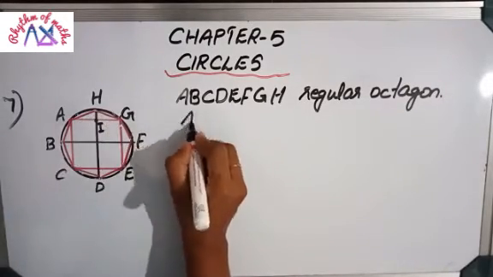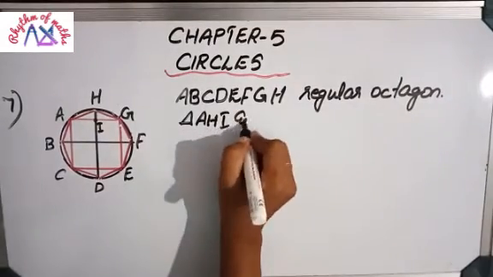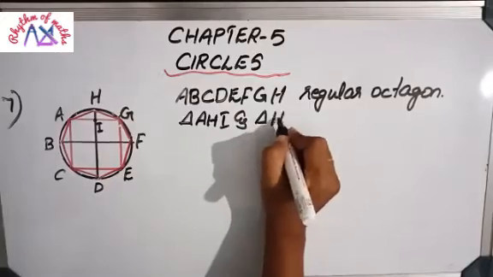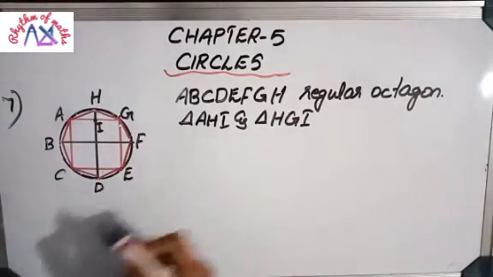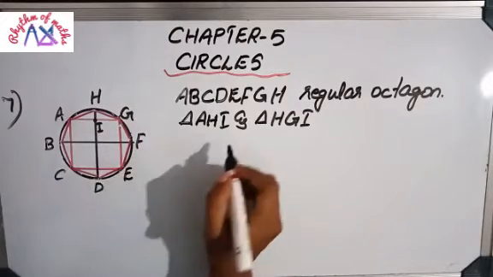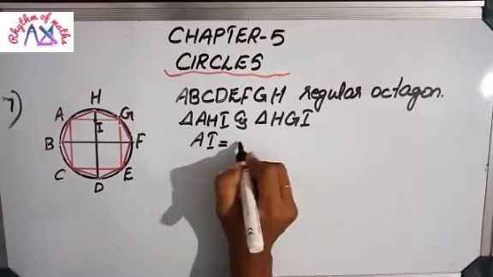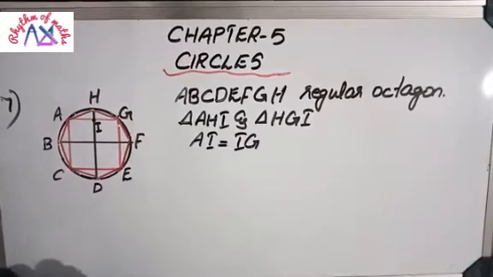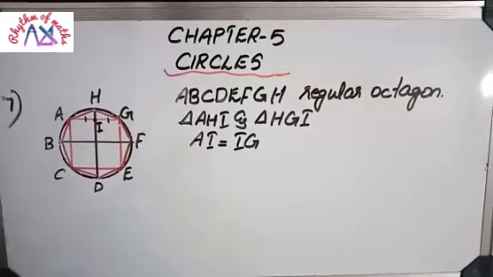Triangle AHI and triangle HGI, these two small triangles, let's consider. Here we can say that AI equal to IG. Why? These two portions are equal.